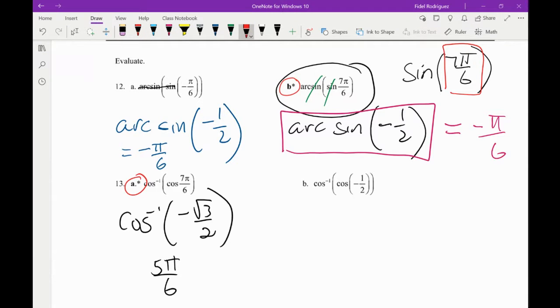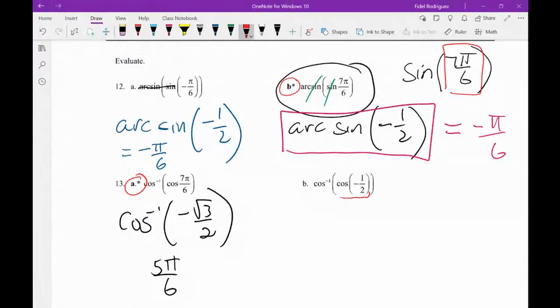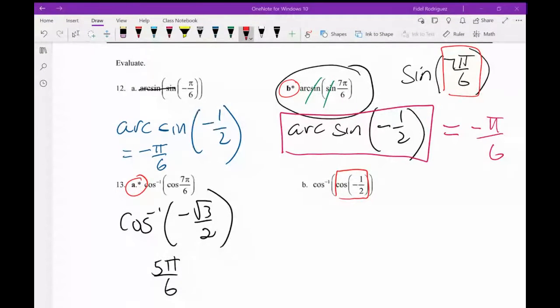Okay. Now for the next one here, guys, I'm going to go ahead and use my calculator again. Now look what we're finding first. We're finding the cosine of negative 1/2. So guys, unless it tells me to use degrees, I always have to use radians. So I'm going to turn this thing on again. All right, clear. I want to make sure I'm in radians.